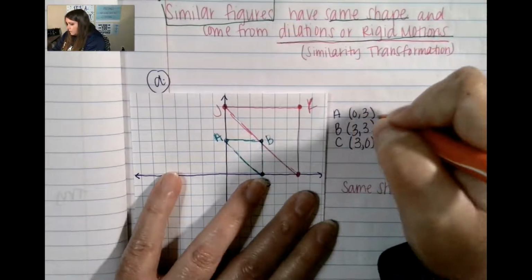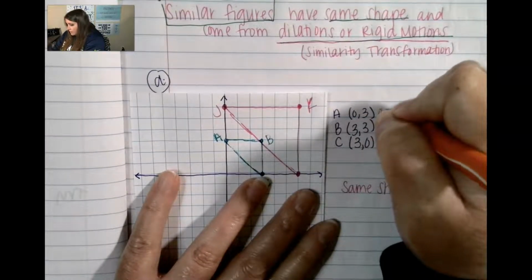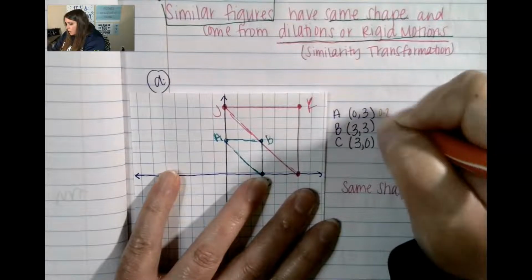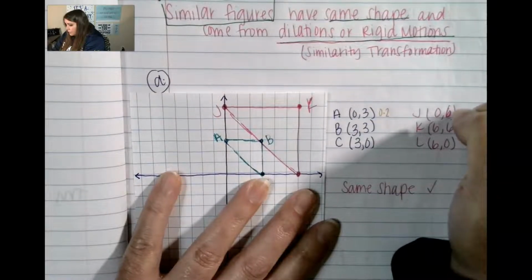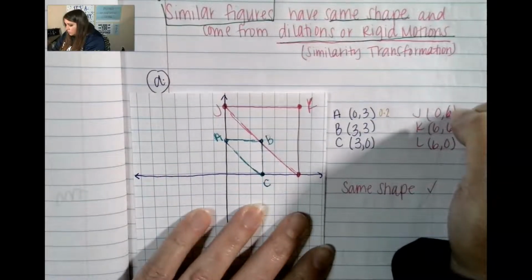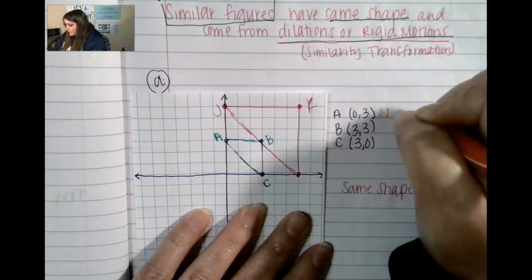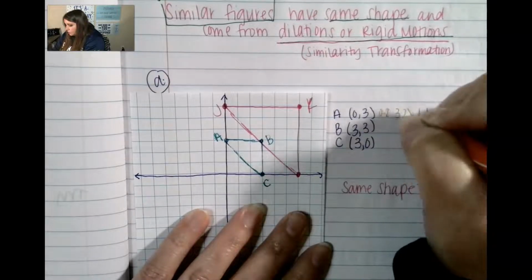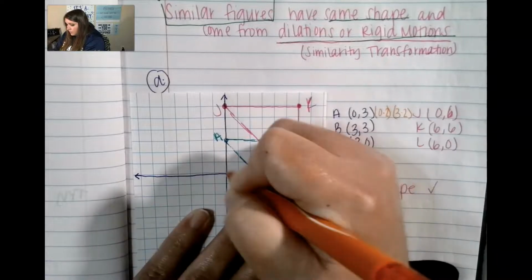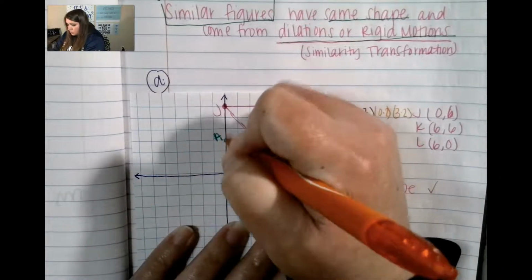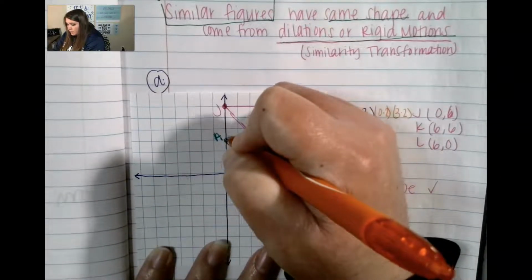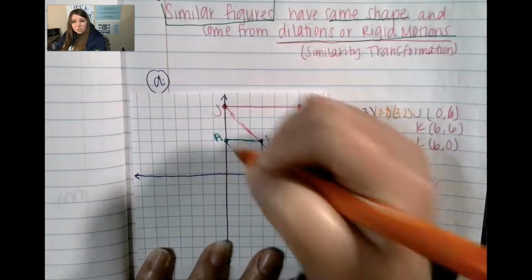Well, 0 times 2 gives us 0, and 3 times 2 gives us 6. That's times 2.